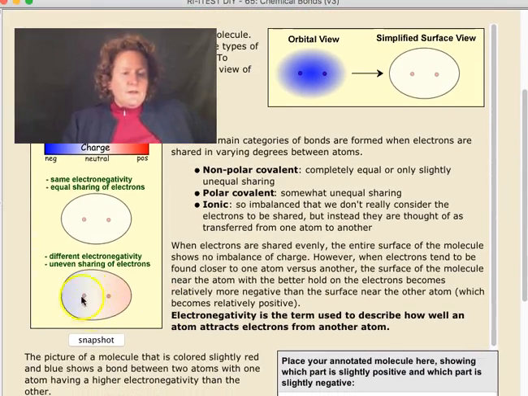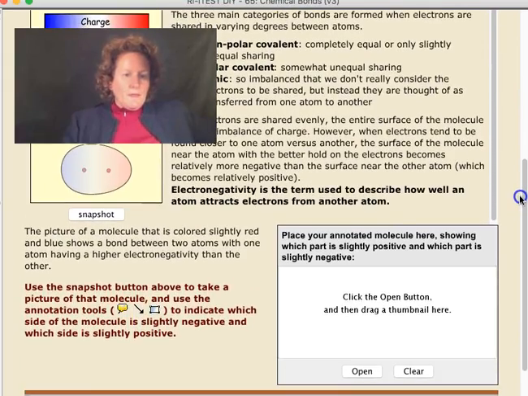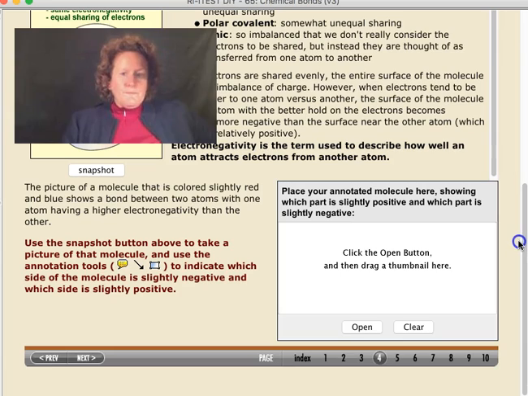So you'll see there's a way of showing that this atom probably hogs the electrons. The electrons spend more time on this side of the bond. So let's go to the next page and we'll start experimenting.